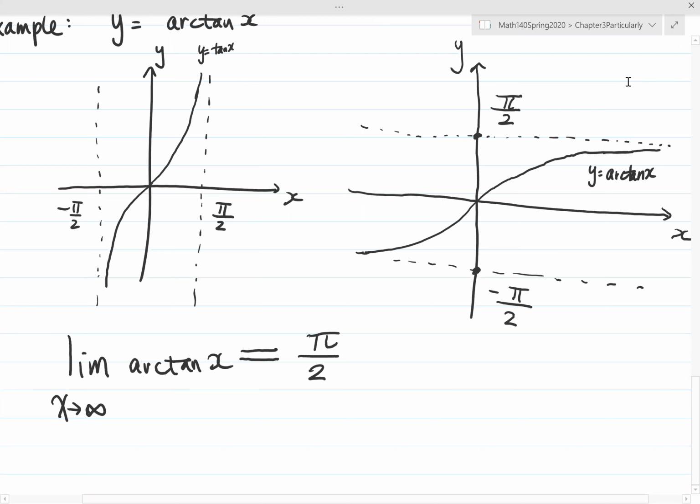It approaches pi over 2. Now, as x approaches negative infinity, we just switch the direction.